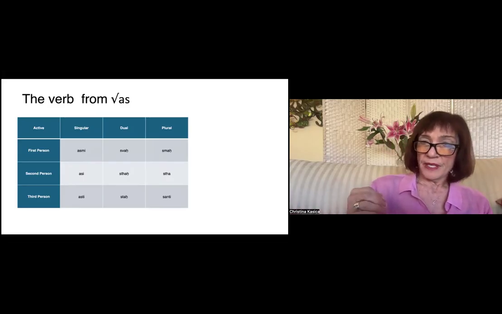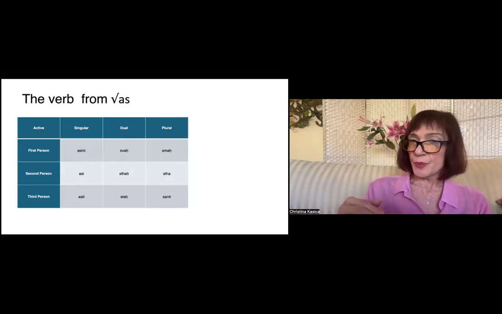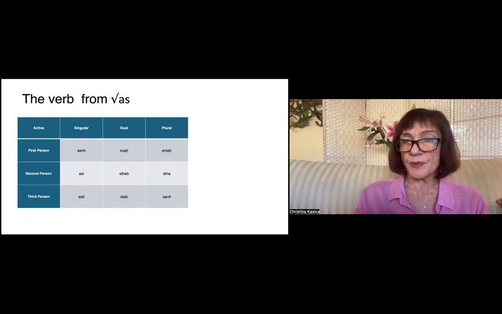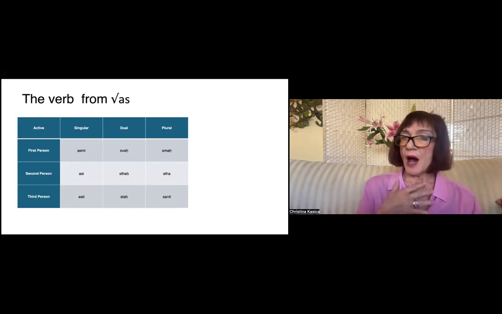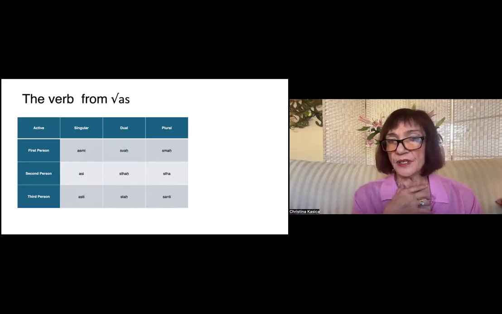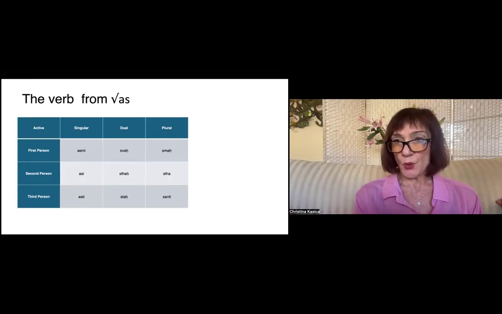You may be familiar with this other structure: first person, second person, third person in other languages. The first person is I in the singular. The second person is you. And the third person is he, she, or it.